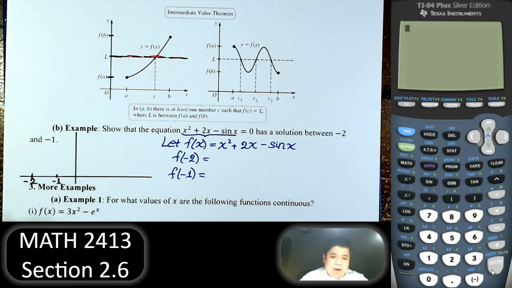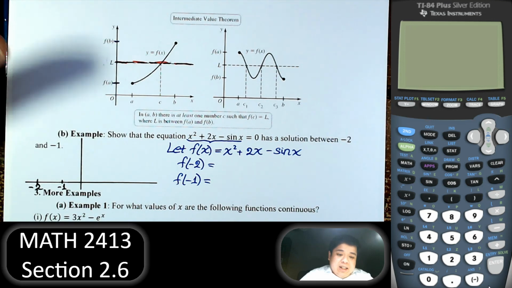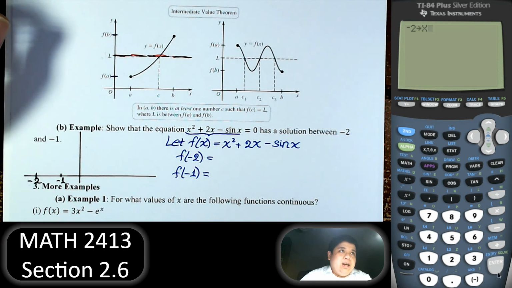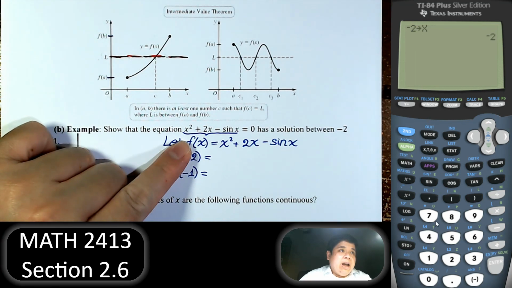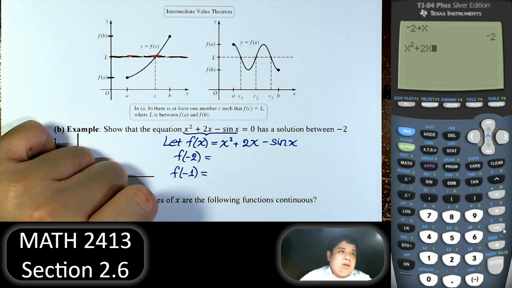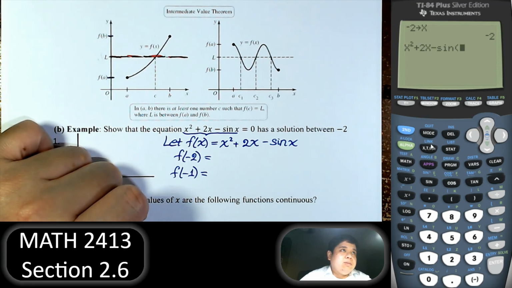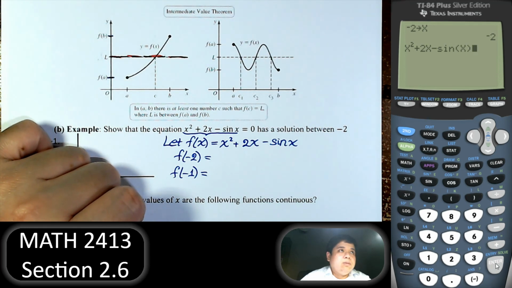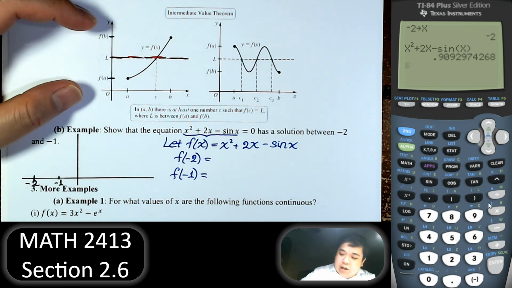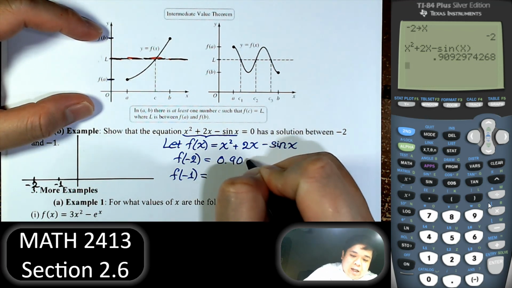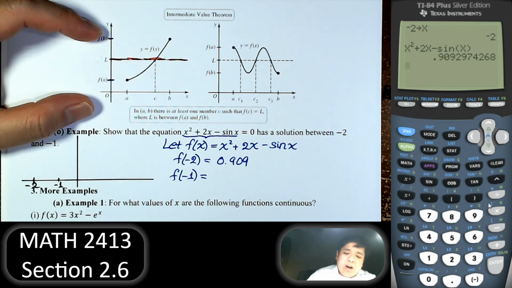Now, to evaluate this, the easiest way is I just say -2, hit the store key, STO, to x, and then enter the function: x squared plus 2x minus sin x. And you have 0.99909. Good enough.